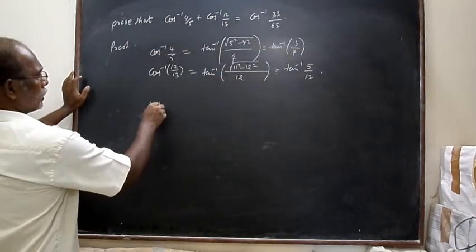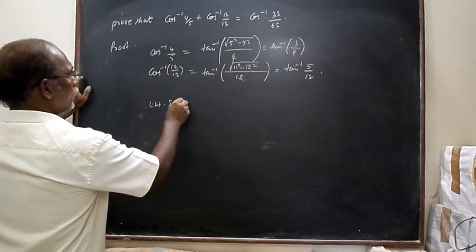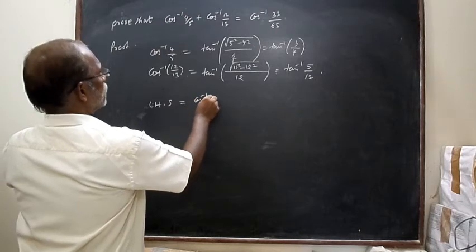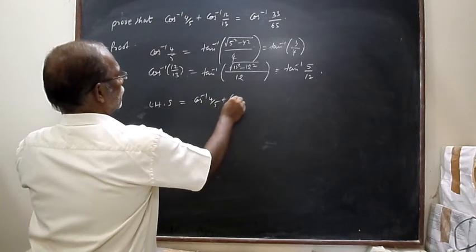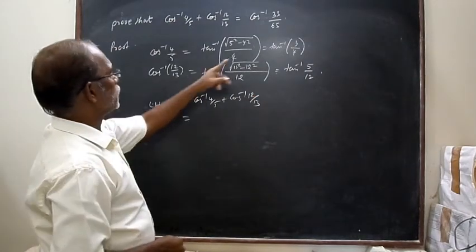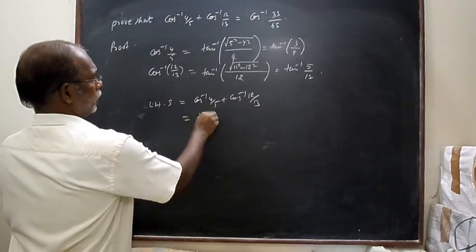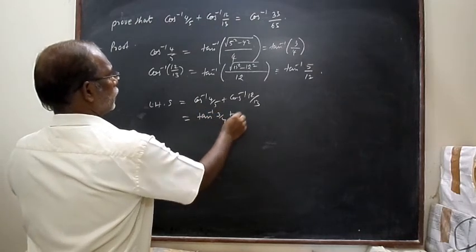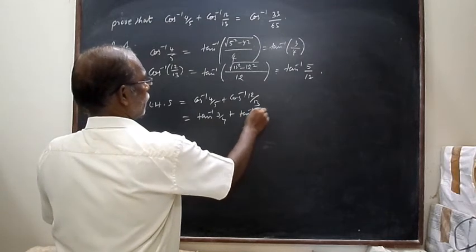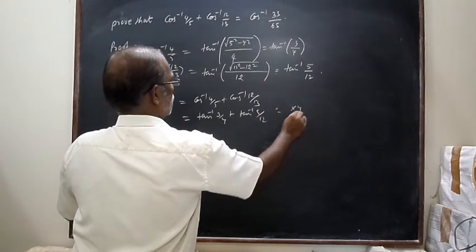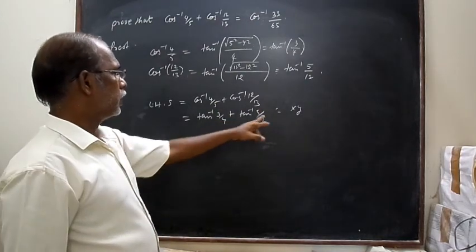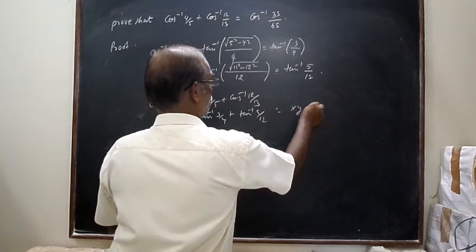So the LHS, cos inverse of 4 by 5 plus cos inverse of 12 by 13: instead of cos inverse of 4 by 5 we take tan inverse of 3 by 4, and for cos inverse of 12 by 13, tan inverse of 5 by 12. Here the product xy is 3 into 5, 15, over 4 into 12, 48, so less than 1.